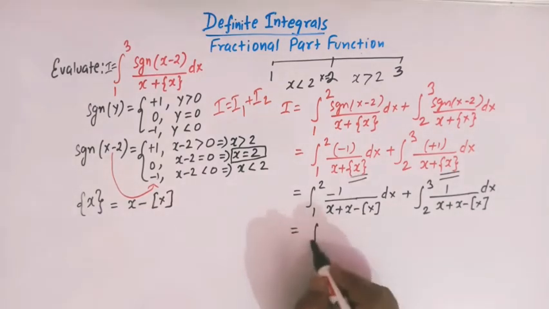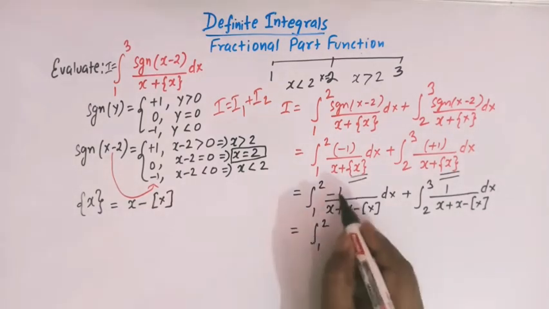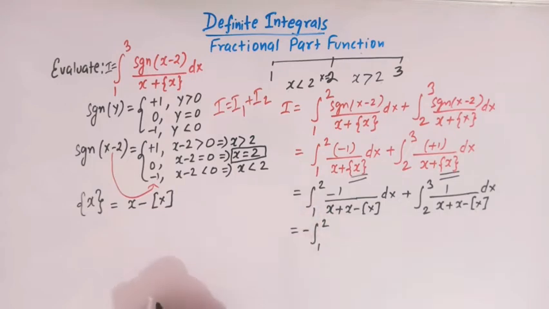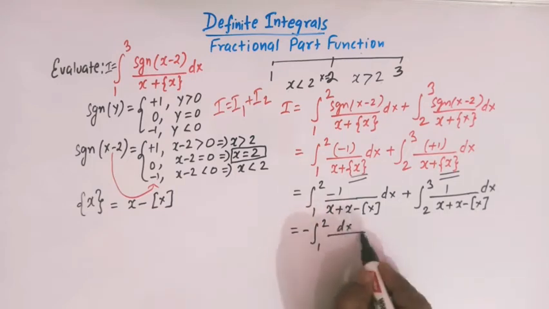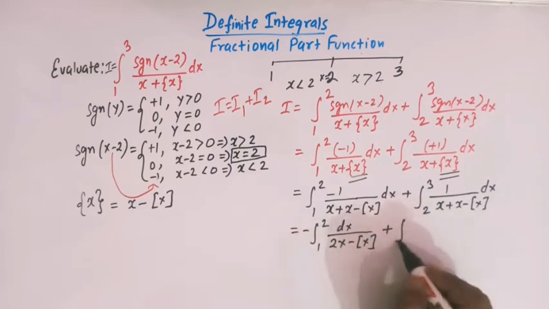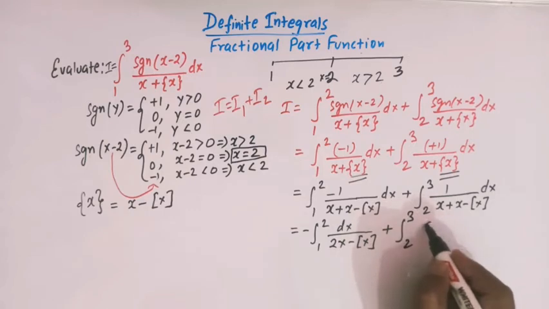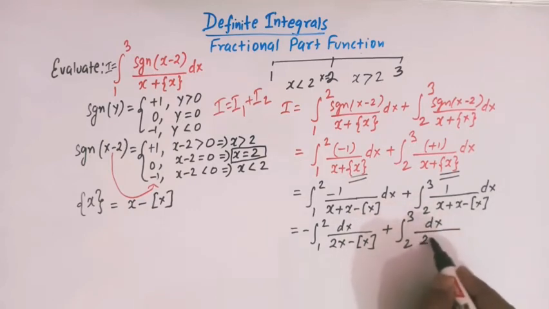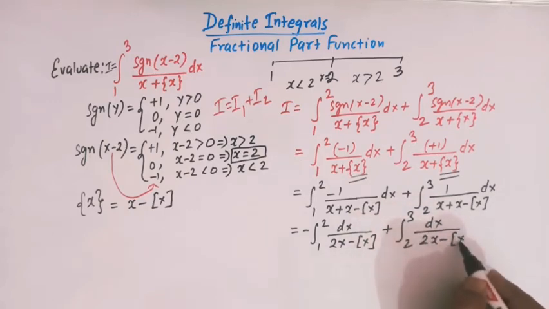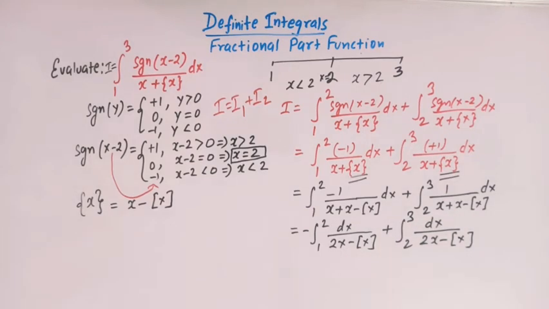Now we can take the negative sign outside, so we have the integral from 1 to 2 of dx over 2x minus the greatest integer of x, and the integral from 2 to 3 of dx over 2x minus the greatest integer of x, right?